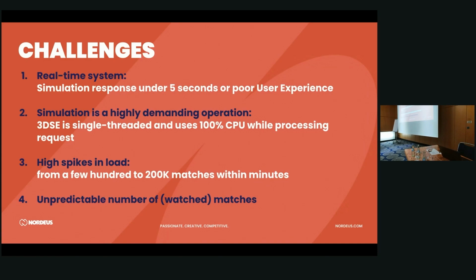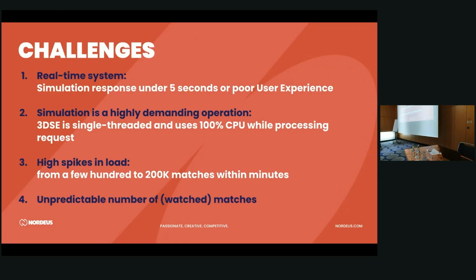The third one is that we have high spikes in load, where the number of matches goes from a few hundred to 200,000 matches in a few minutes. And as I said, the 3D simulation engine load directly depends on user activity and the number of concurrently watched matches. This is not fully predictable.